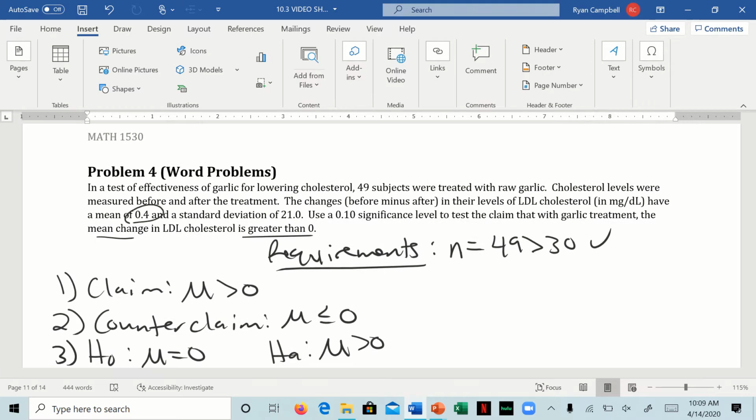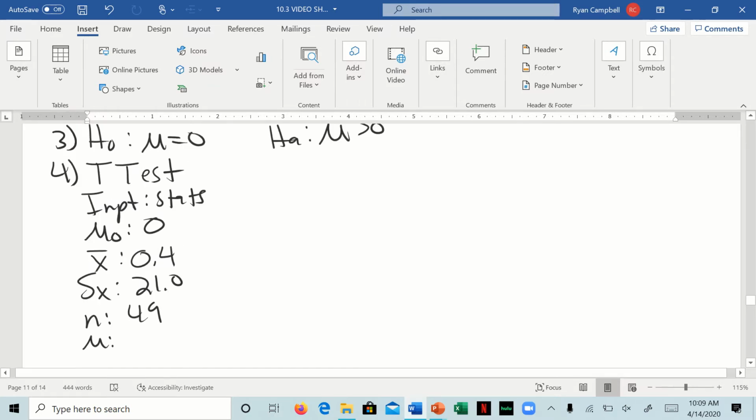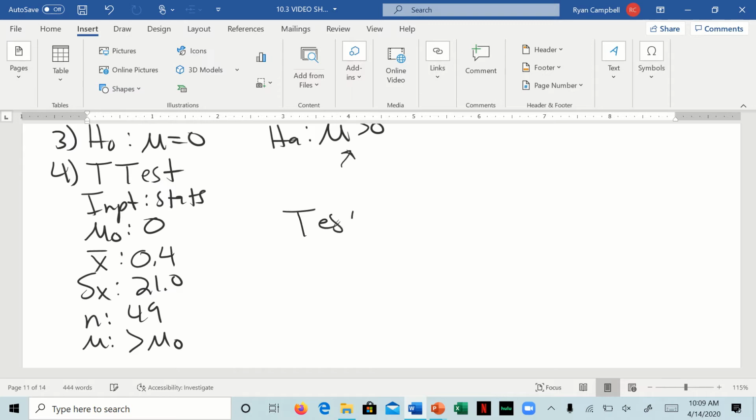So that's going to be 0.4 and 21. N, we already said, was 49. And then, of course, our mu comes from HA, so greater than mu naught. And we see that our test stat is t equals 0.13.